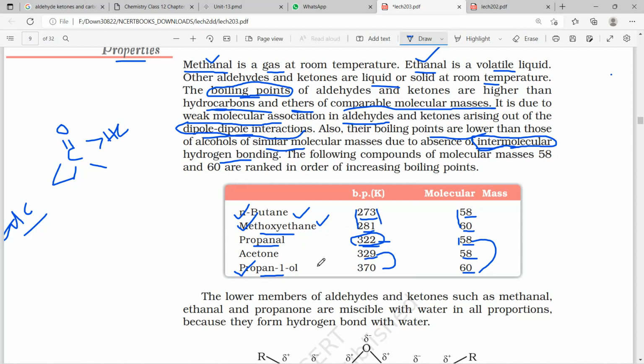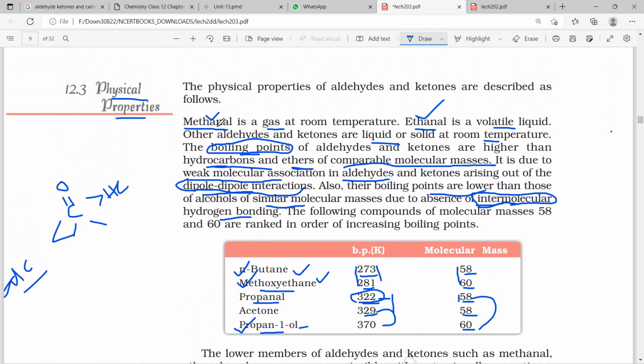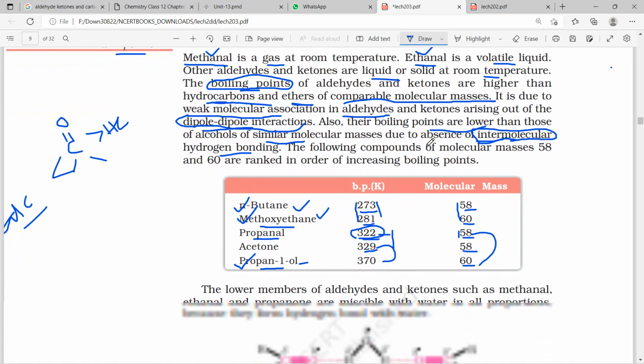And the aldehydes and ketones have lower boiling points than the alcohol due to the absence of intermolecular hydrogen bonding in aldehydes and ketones, but that is present in the case of alcohols. Clear? Again, the first member is a gas, the second member is a liquid, and other members are liquids or solids.